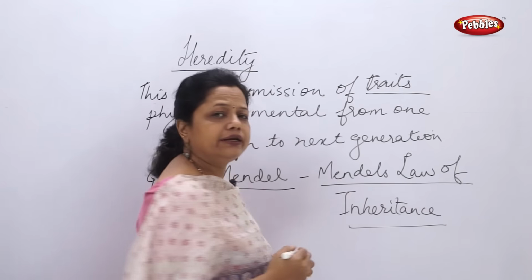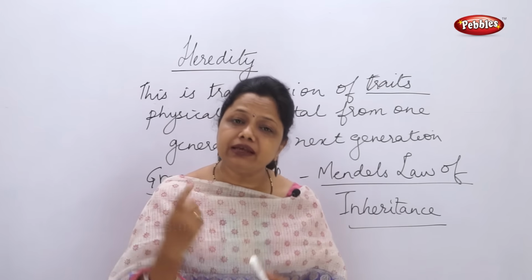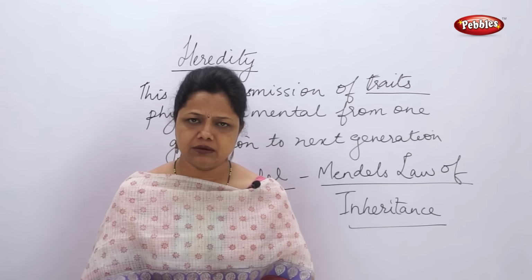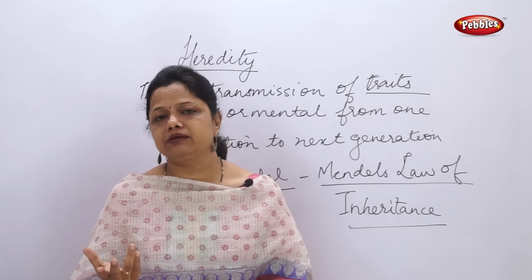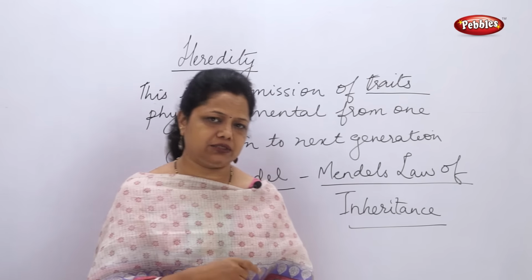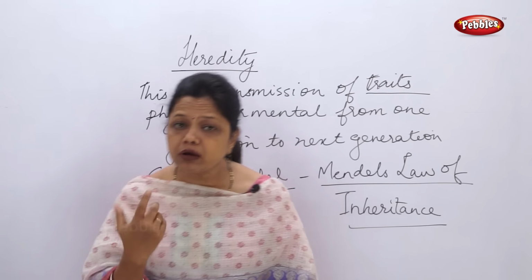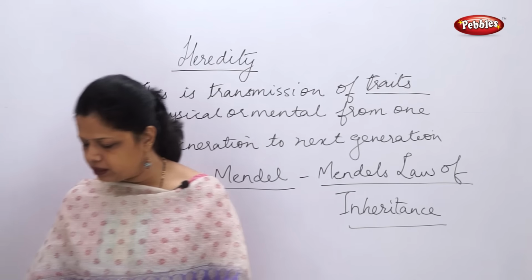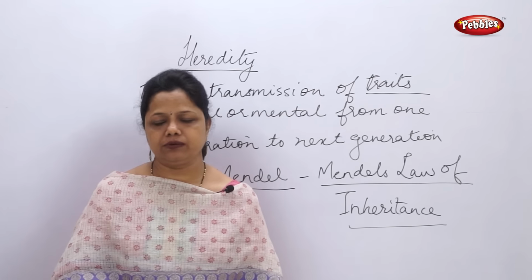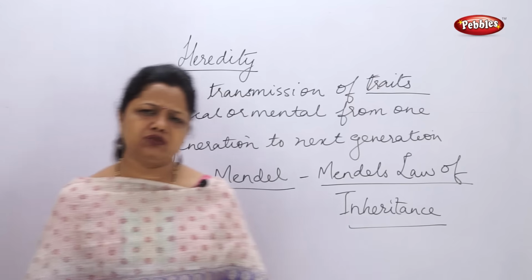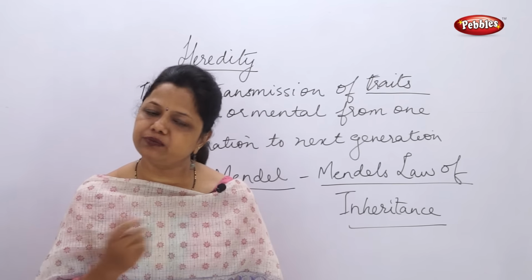Mendel's law of inheritance was based on various experiments which he did. He did the experiments on plants because he could see the characteristics very easily and very fast. He did not have to wait a long time. So he did a lot of experiments, especially in the 18th century, but unfortunately his experiments were not accepted.